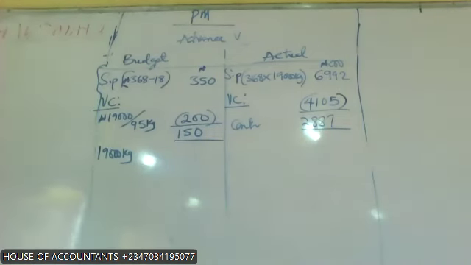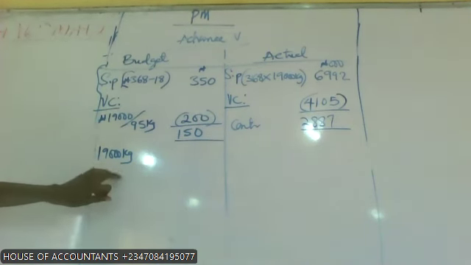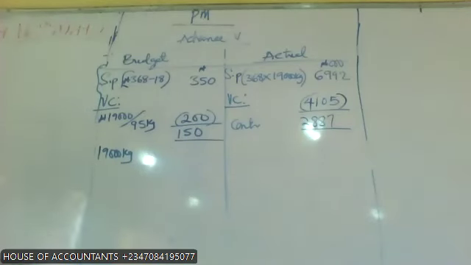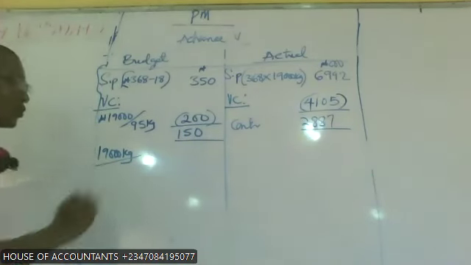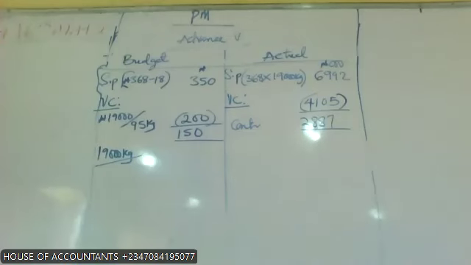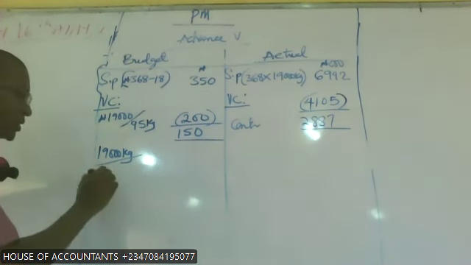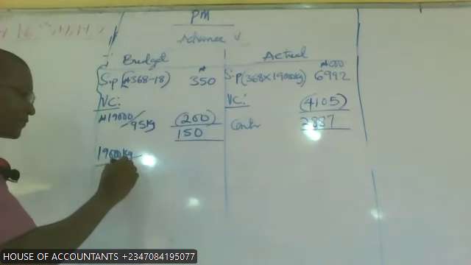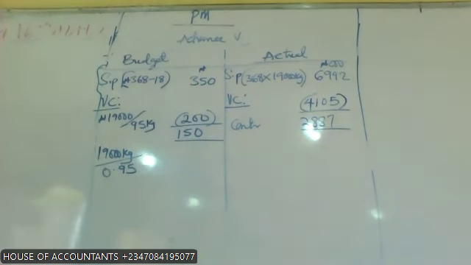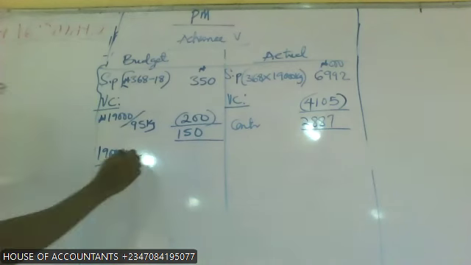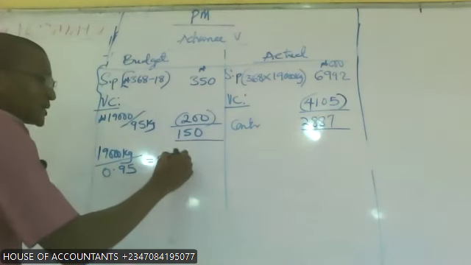But because there's a loss, and that loss was not included in this case, we need to gross it up to know how much you actually budgeted for at the beginning. Since you are going to have 5% loss, we can now gross this up to 95. If you gross it up, what do you get? That's 20,000 kg.